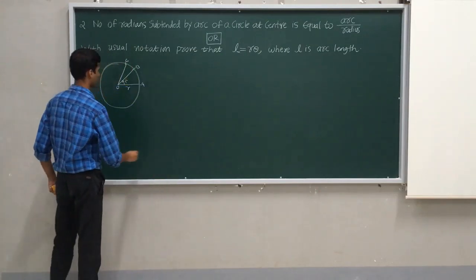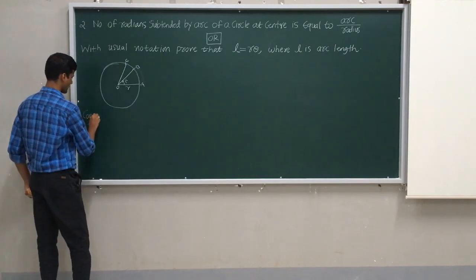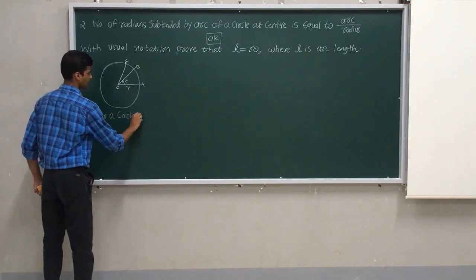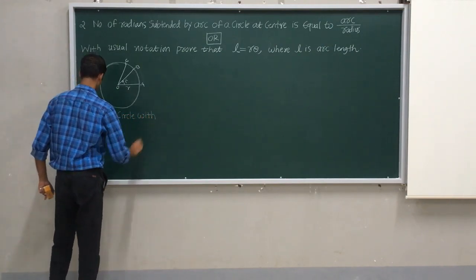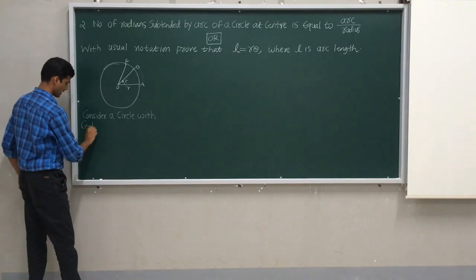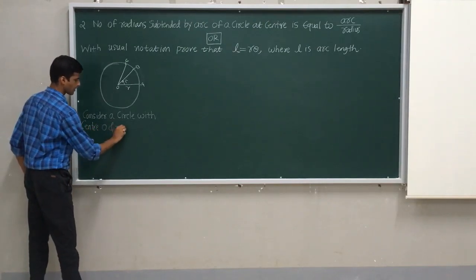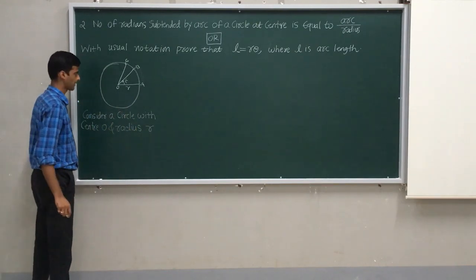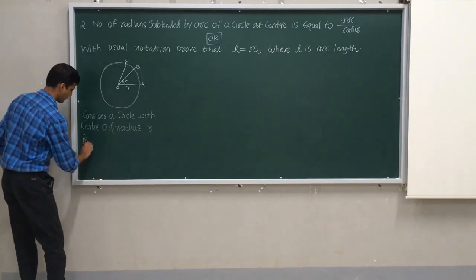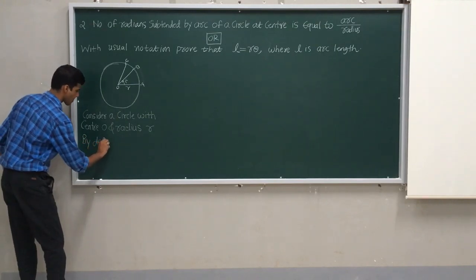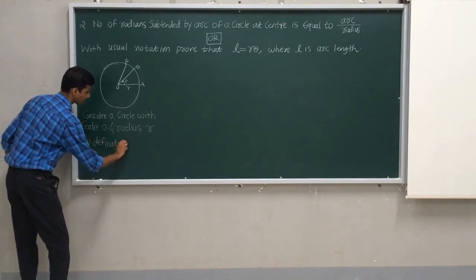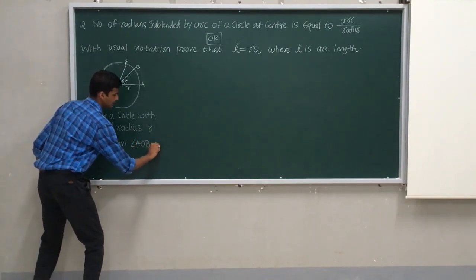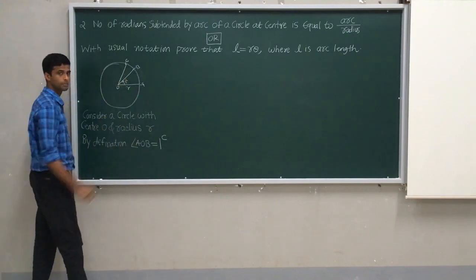So I write the construction. Consider a circle with center O, radius r. By definition, angle AOB is 1 radian.